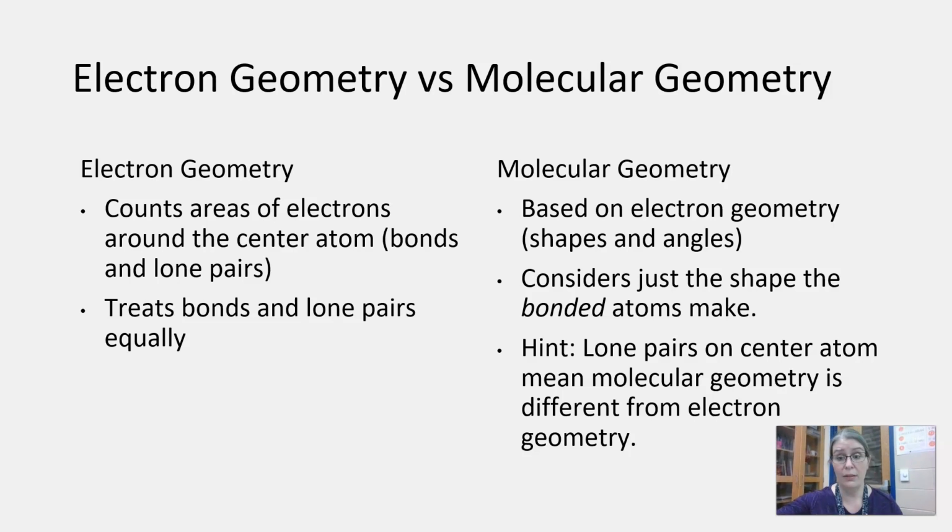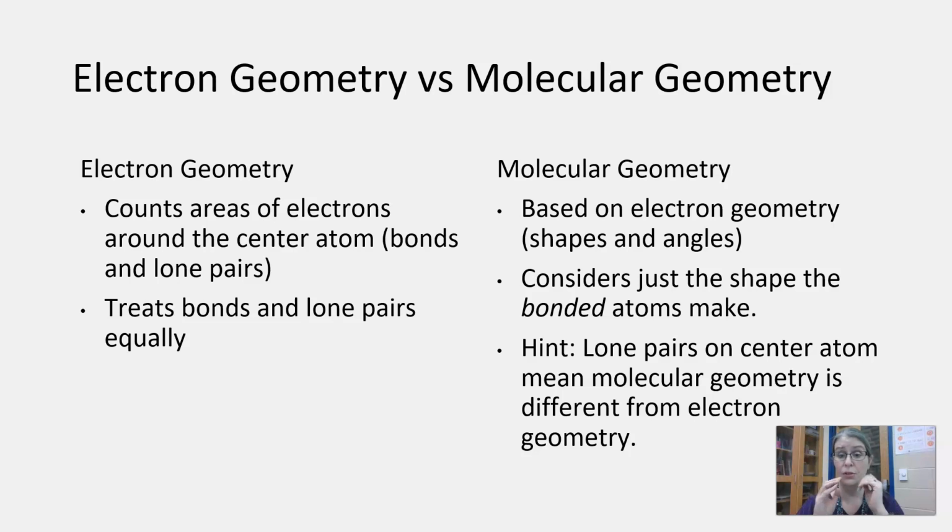But the molecular geometry is different because it's just going to consider the shape of the molecule, the actual atoms that are bonded together. So a little hint is that when you have lone pairs on your center atom, that's when you know that your molecular geometry will be different from your electron geometry.